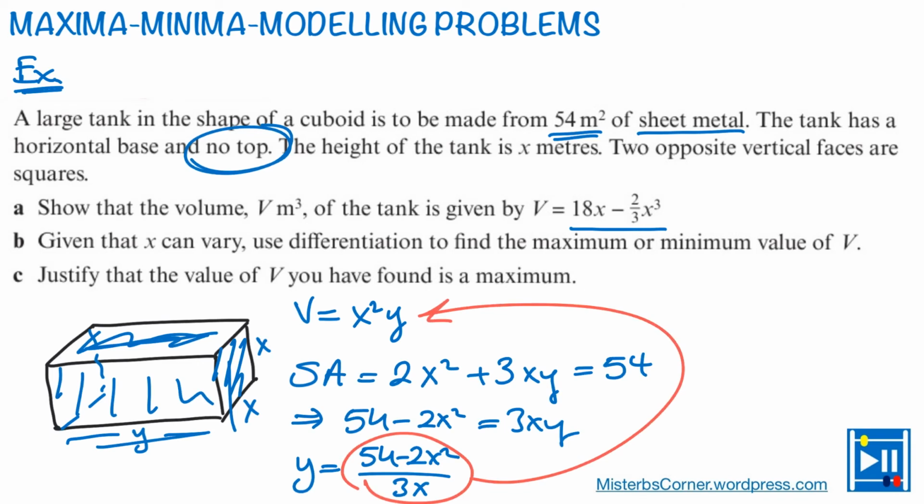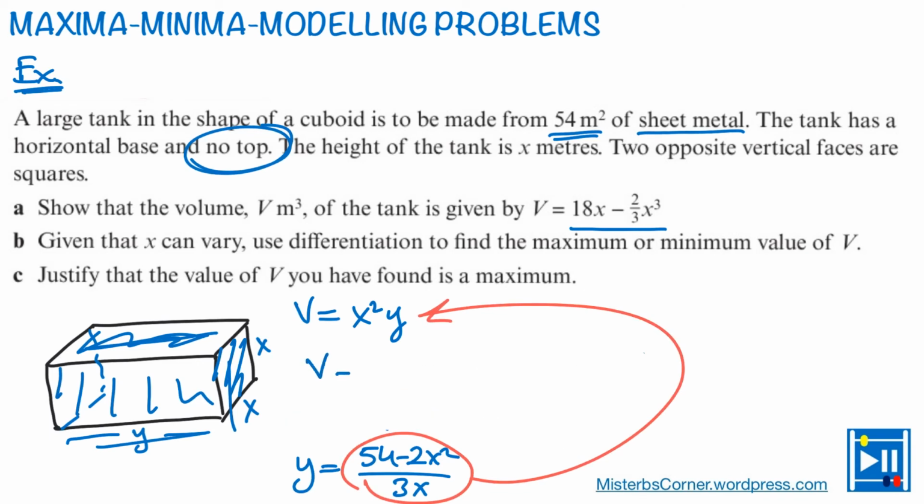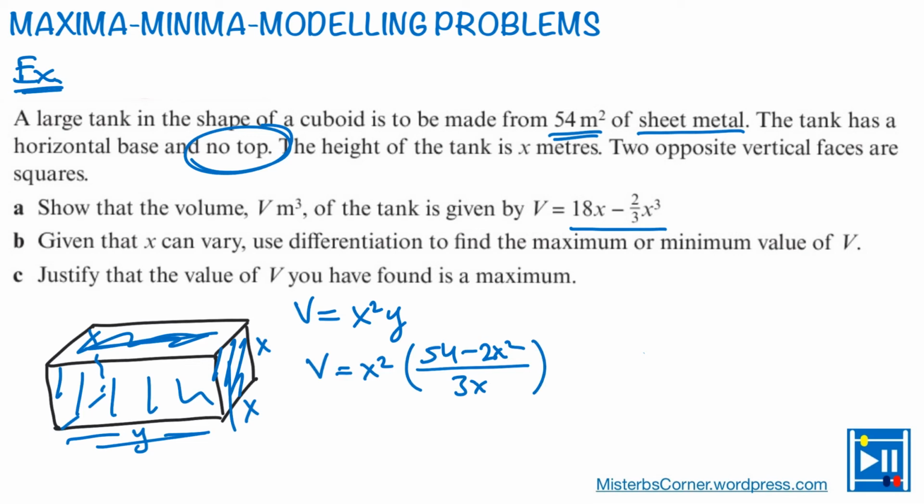So this is the expression I'm going to substitute for y in here. So let's do that. So V equals x squared times (54 minus 2x squared) over 3x. And I can simplify one of the x's with this one here. And if I distribute the remaining x over the brackets, I will have (54x minus 2x cubed) over 3.